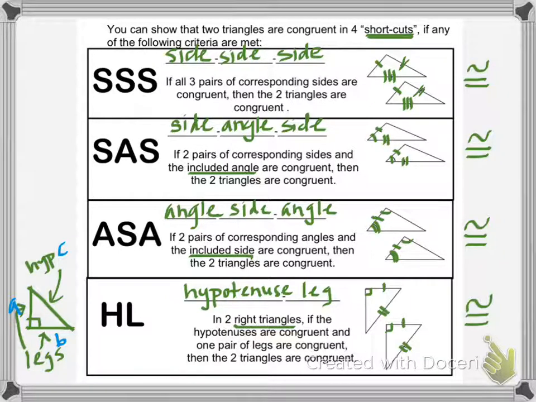Okay, so those are the four: side-side-side, side-angle-side, angle-side-angle, hypotenuse-leg. But we just say SSS, SAS, ASA, and HL.